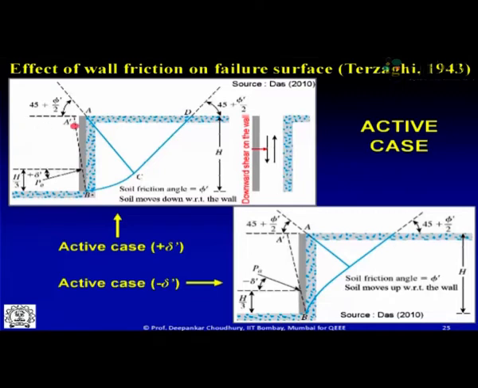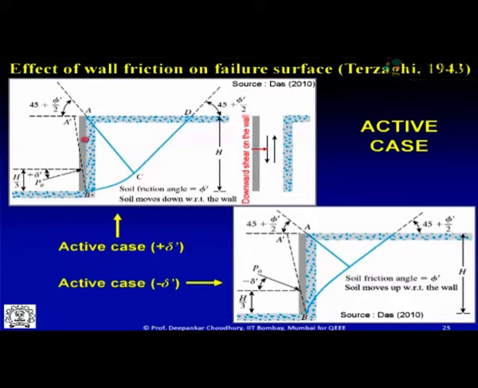Let us look at here. So this is the rigid retaining wall, and when the wall goes away from the backfill side, that is nothing but our active state that we know. For the active state, if we consider the Rankine exit angle, this is the Rankine exit angle value we have seen yesterday.